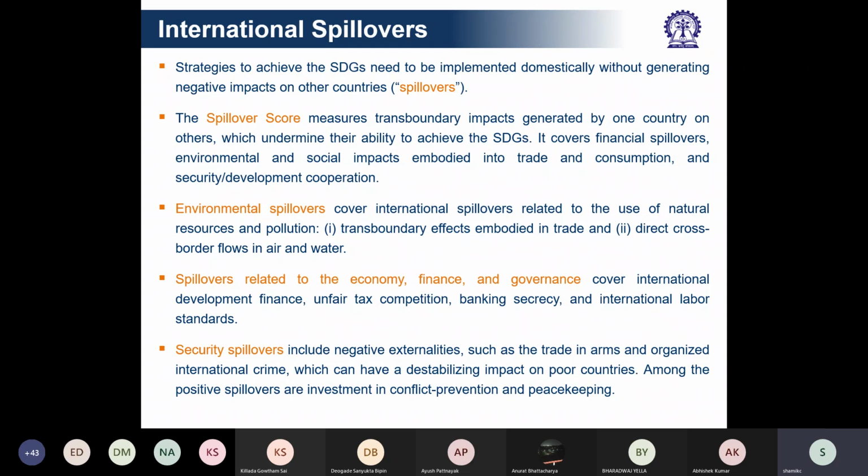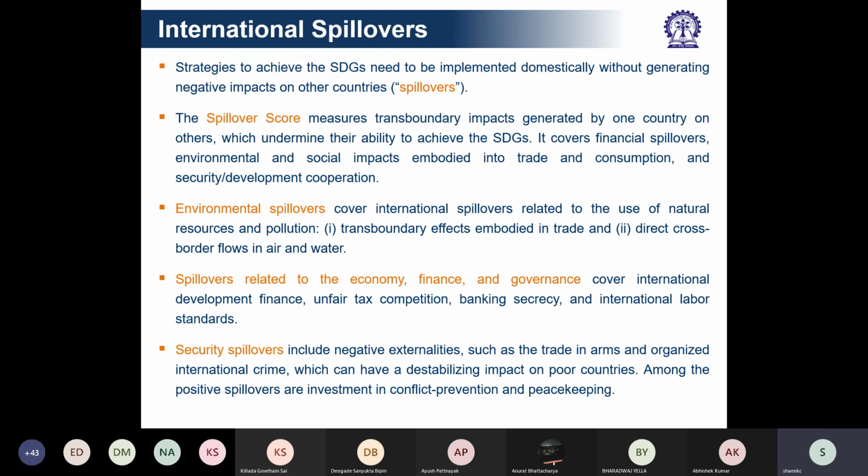So the environmental spillover will be covering international spillovers related to the use of natural resources and pollution. That is, let's say there are two countries A and B. To achieve its SDGs, country A should not be polluting the environment in a way such that it impacts the environment quality of country B. Or let's say there is a river that is being shared by both these countries A and B, and to achieve its country SDGs, country A is polluting the river, and all the waste that it generates is flowing into country B, which is located downstream of this river.